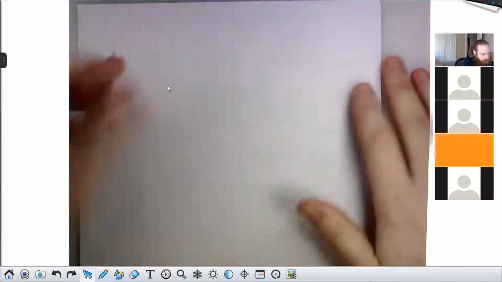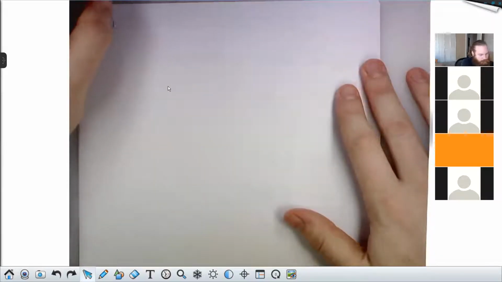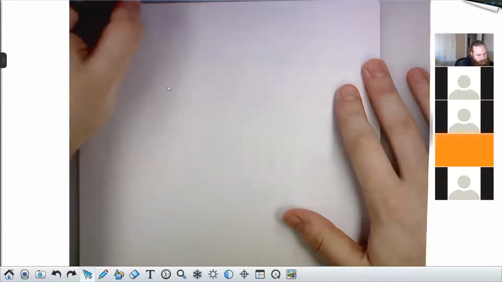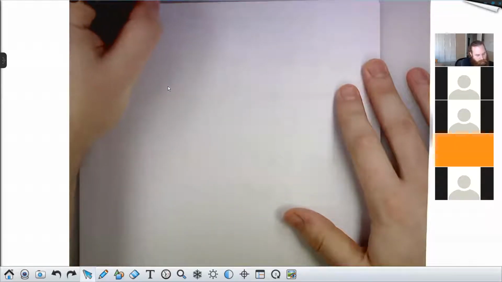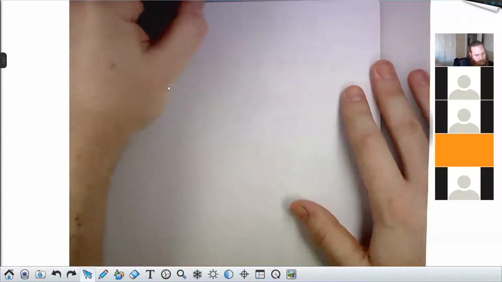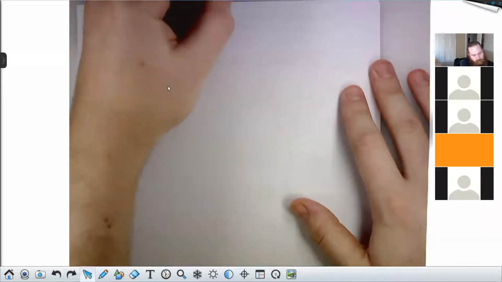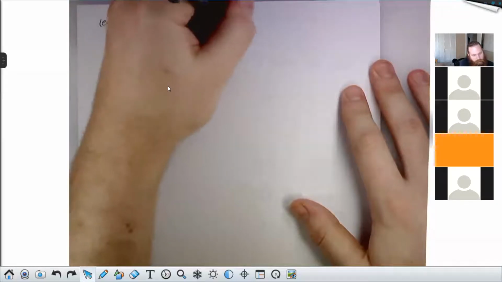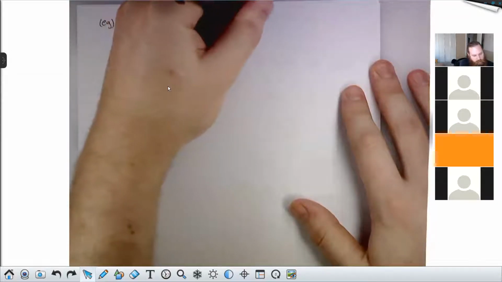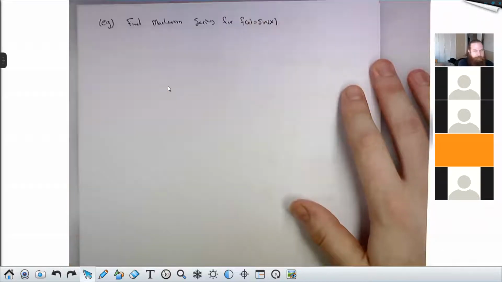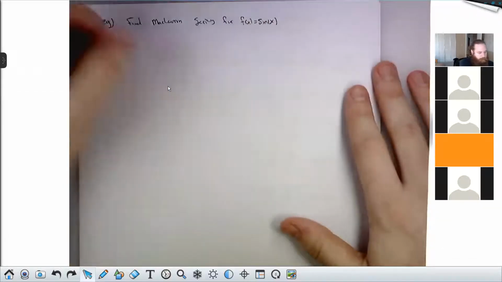First sort of example here. We're going to find the MacLaurin series for f of x equals sine x. So we have to make our table.